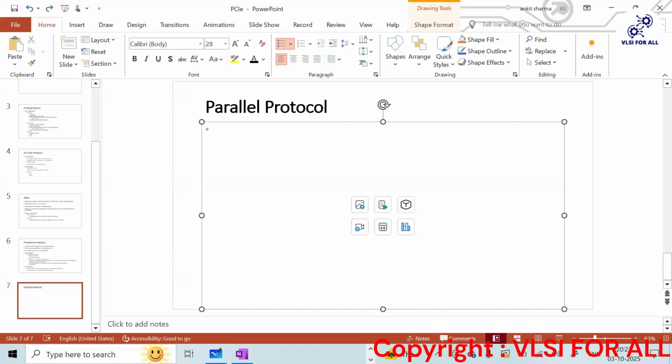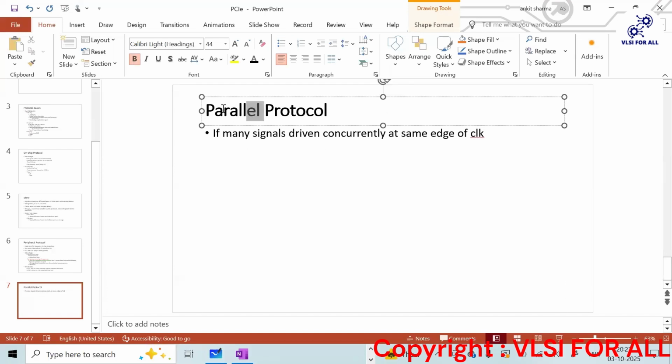If many signals are driven concurrently at the same edge of clock, we'll say this is nothing but a parallel protocol.